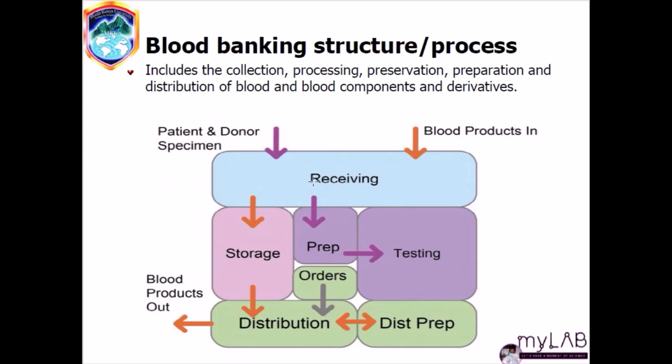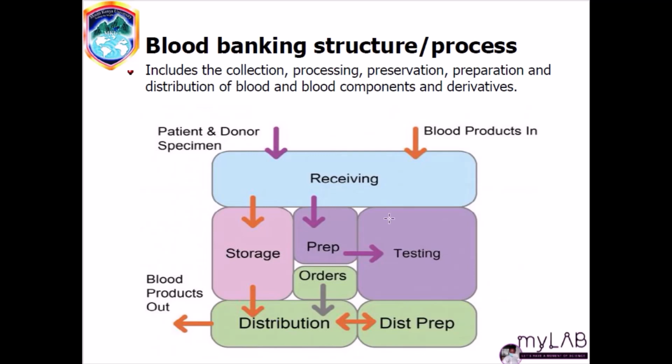So of course, at receiving in a blood bank, we will be receiving the patient as well as the donor specimens. Once we receive them, now you can see the purple arrows, we prepare them. Preparation will also include the anticoagulants, and after that we do testing, the ABO, the crossmatch, and other tests that we will be outlining in subsequent lessons.